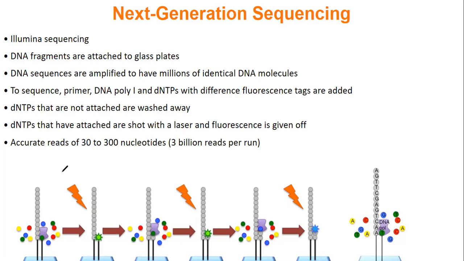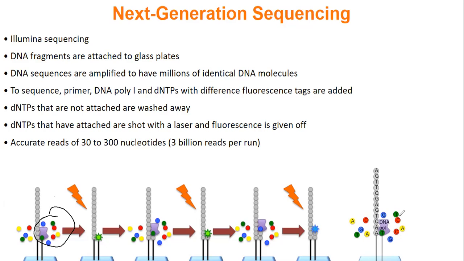The big difference between pyrosequencing and Illumina sequencing is that in Illumina sequencing, you add all nucleotides at once. So all 4 are added at once. And each nucleotide gives off a different signal once it binds.